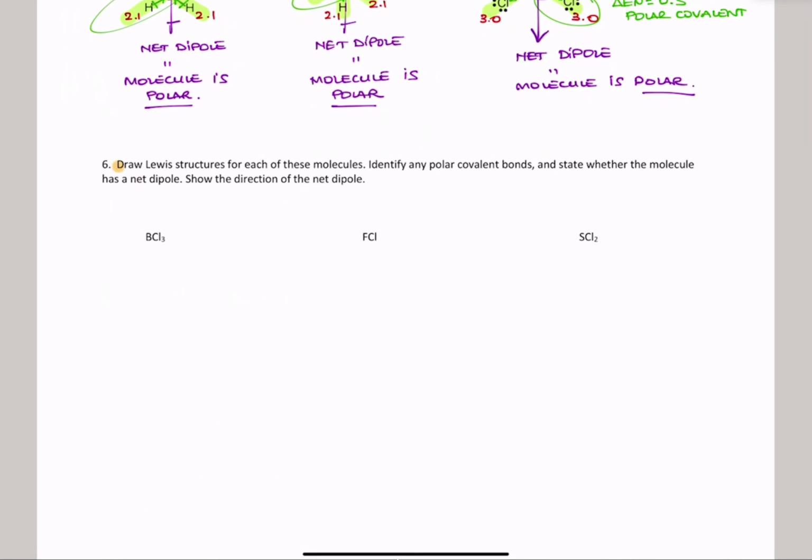Therefore, in order to do that, we have to follow our step-by-step procedure. For this molecule, we have 3 for the boron, plus each chlorine brings 7, a total of 24 valence electrons. The boron is central. 3 chlorine surrounding the boron.